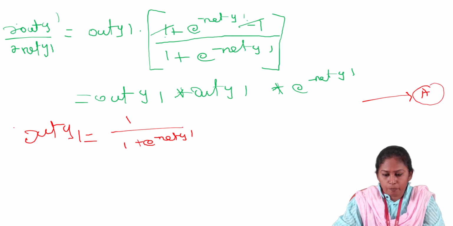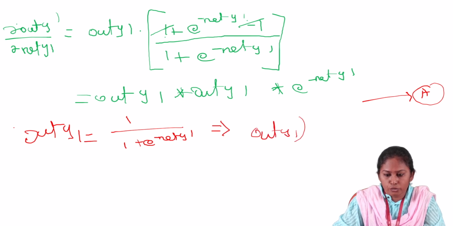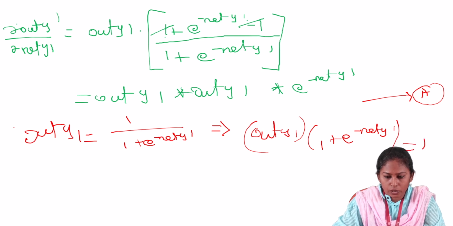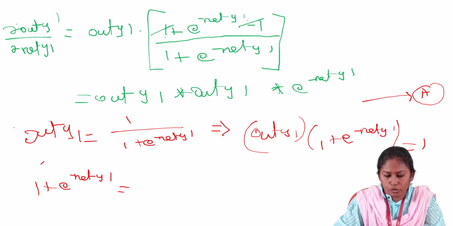Now when I try to simplify this, it can be written as out y1 into 1 plus e to the power minus net y1 is equal to 1. So 1 plus e to the power minus net y1 is equal to 1 divided by out y1.